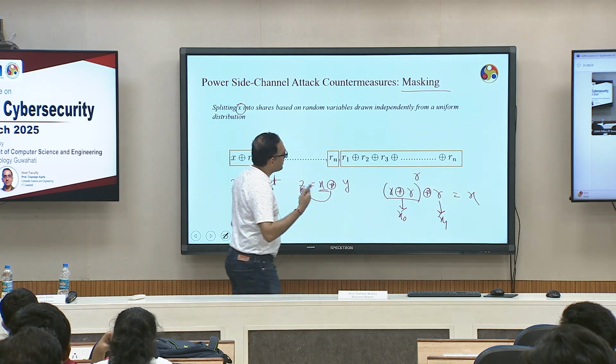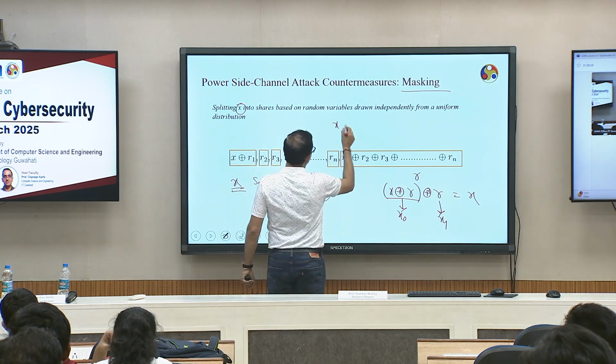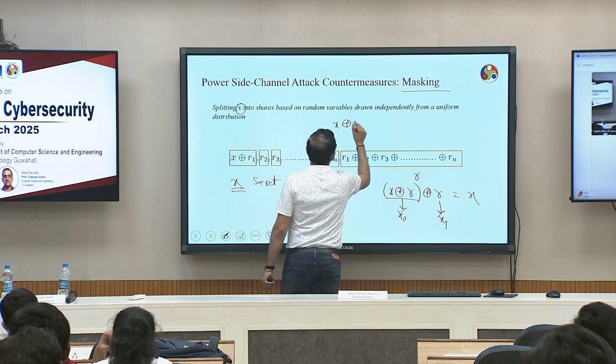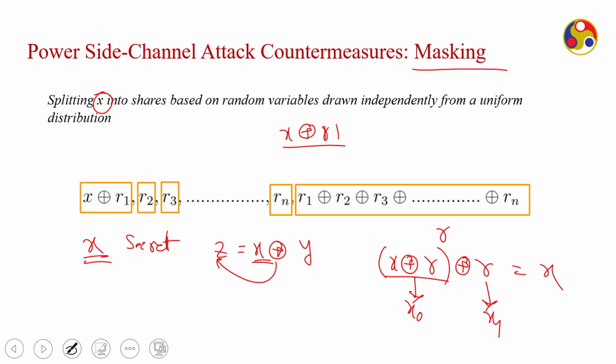So, here the idea is that if you have access to both shares, you will get x. So, if I have, say, 2 accesses, I have to make it 3 shares. What I will do: I will do x XOR r1, this is my share 1, and then I will have r1 XOR r2, and r2.